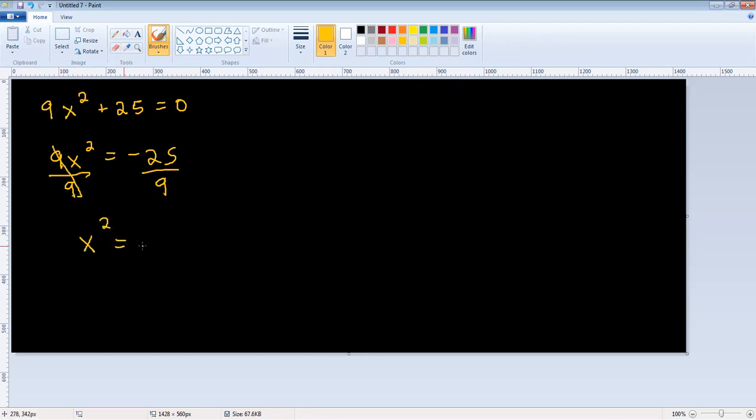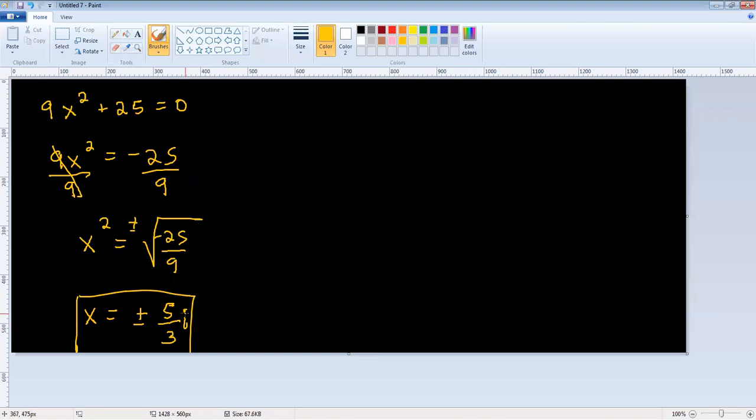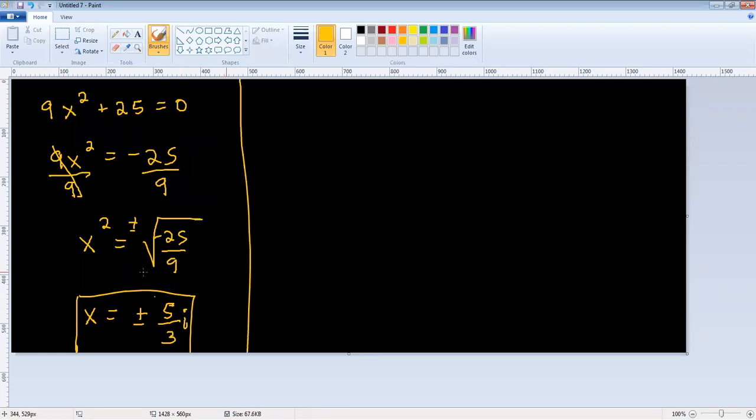We have x squared equals 25 over 9, so x equals plus or minus the square root of 25 over 9, and we all know this is just 5 over 3. So 5 over 3, and that's it for that one. Also, if you have a negative, and I did this in my notes, guess what you get? You get a special little i as well. So you have to watch out for this sign when you're taking a square root. If you're taking a square root and there's a negative, you're going to get an i.